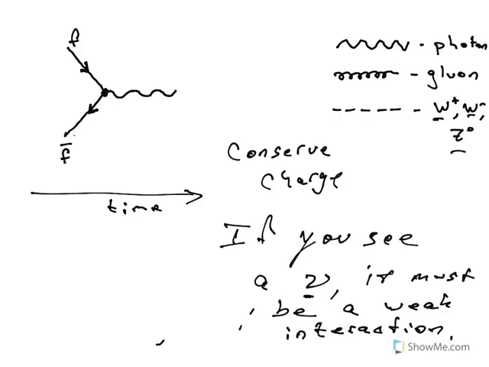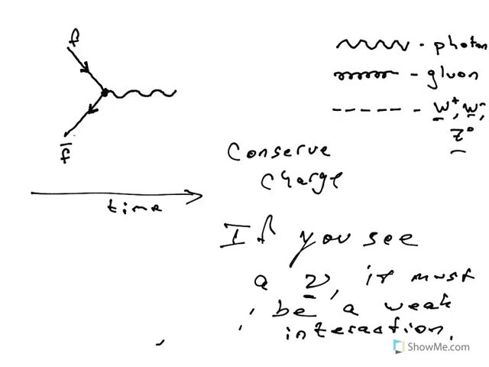The only way you're going to have neutrinos in these Feynman diagrams is if the interaction was mediated by one of the weak bosons. If it's a weak interaction, you can get neutrinos. If you have a neutrino there, you know the mediator can't be a photon and it can't be a gluon. Now, which of the W's or Z's it is, again, you look at the conservation of charge and things like this. Another thing to worry about: photons only interact with charged particles.